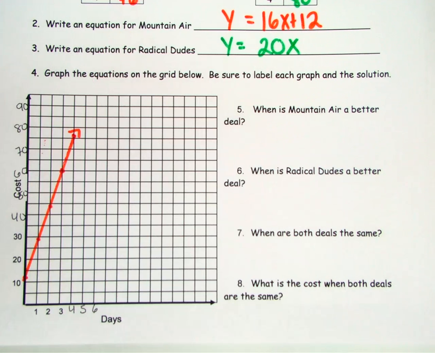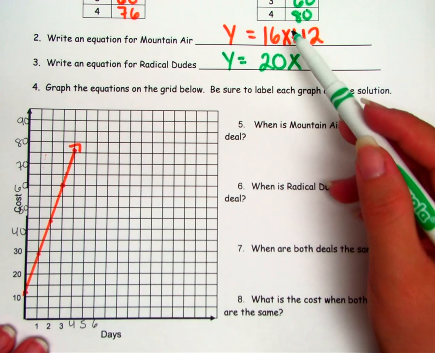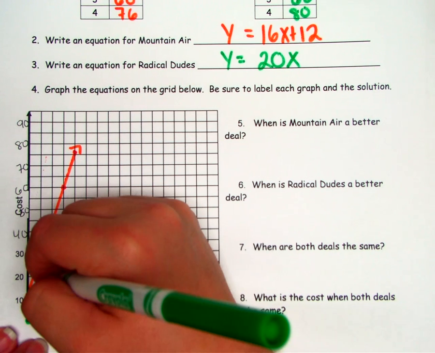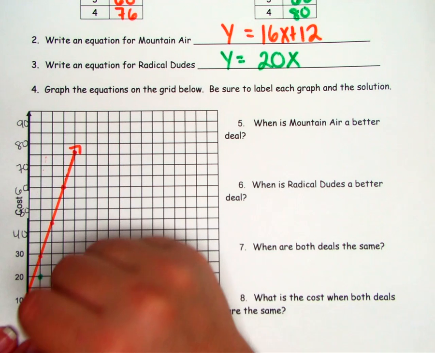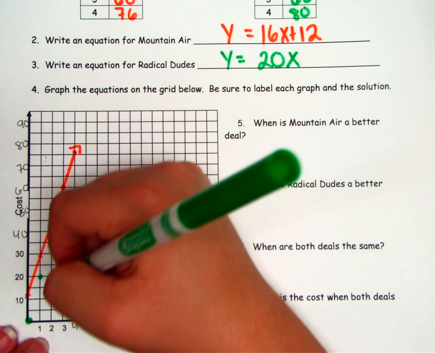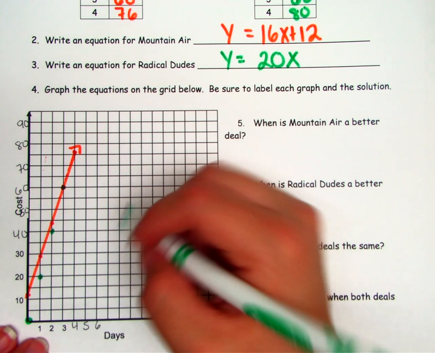Now on the other one, for Radical Dudes, we're going to create that graph using the table from up here. You have 0, 0, 1, 20, 240, 360, and 480.